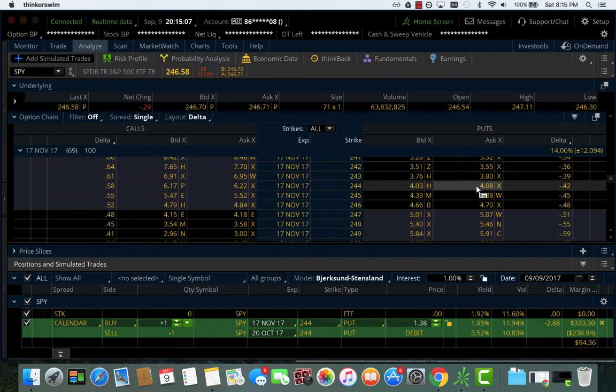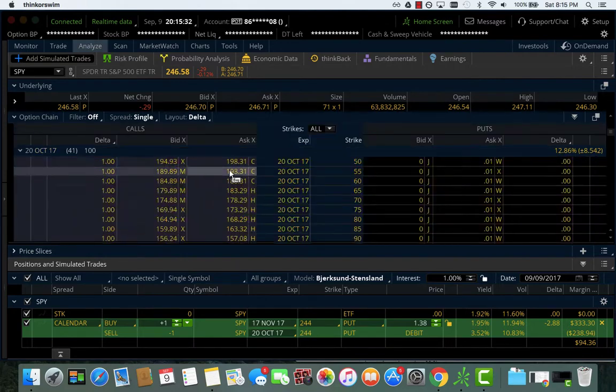Now, we profit on this strategy a few ways. Number one is a decrease in prices. Number two is an increase in implied volatility, right? Over time, if implied volatility is increasing, this back month put is going to increase in value by more than the front month put is going to decrease in value.